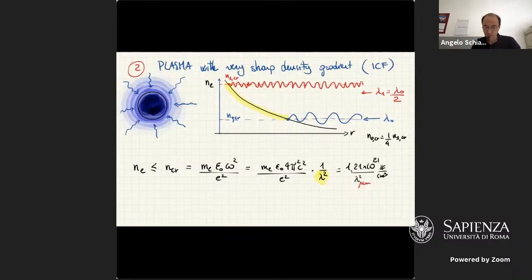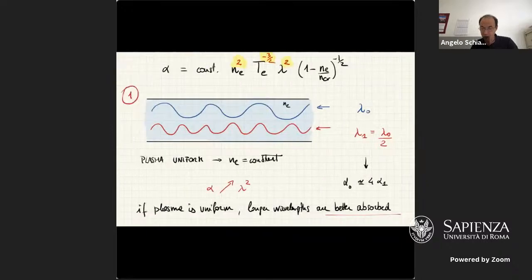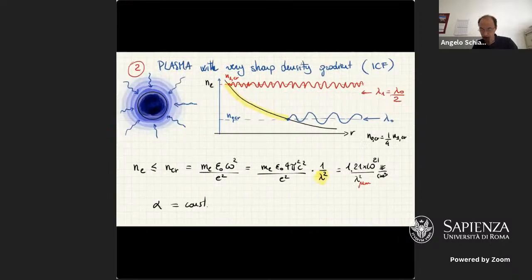So what we can do is rewrite lambda squared using the critical density, since lambda squared is inside the critical density as well.